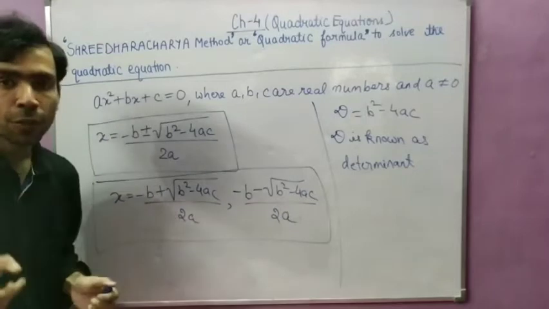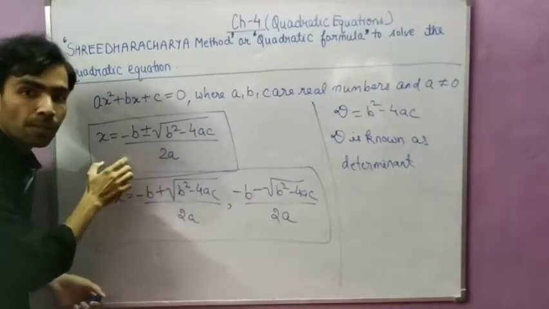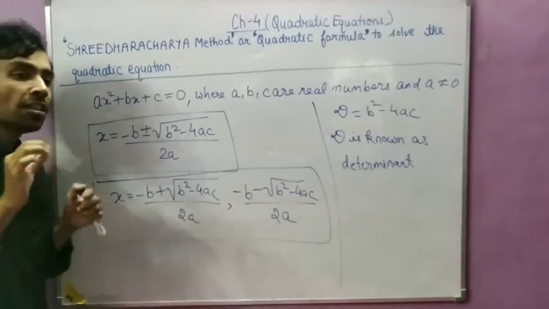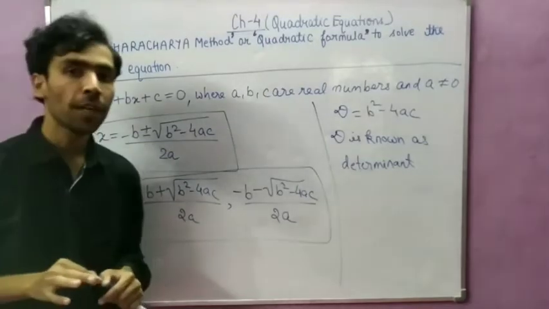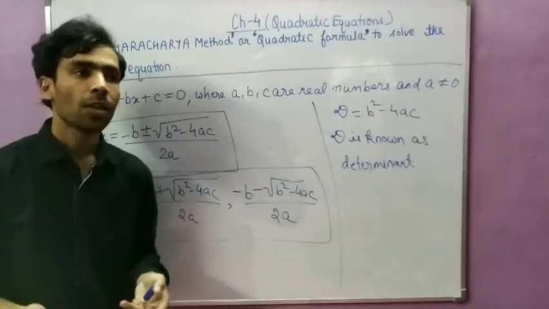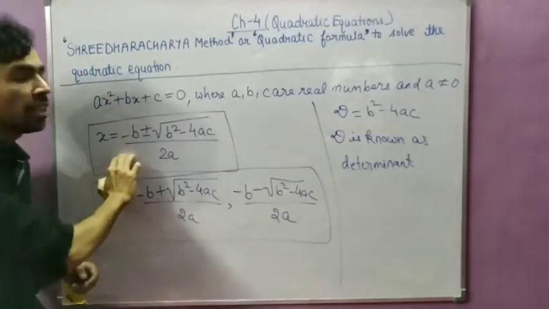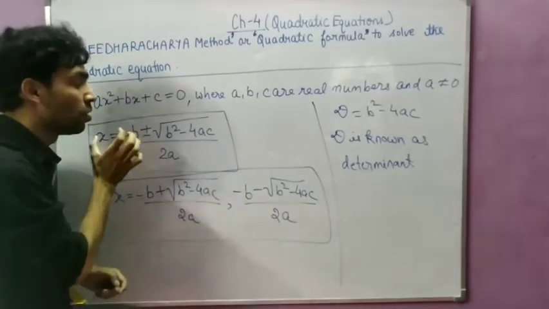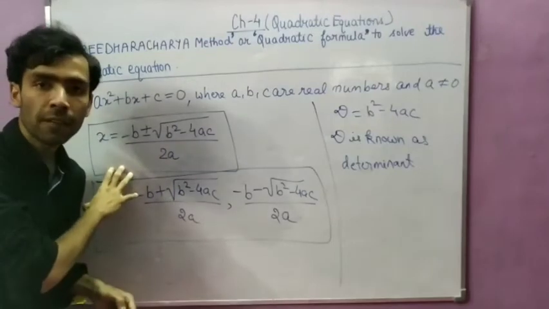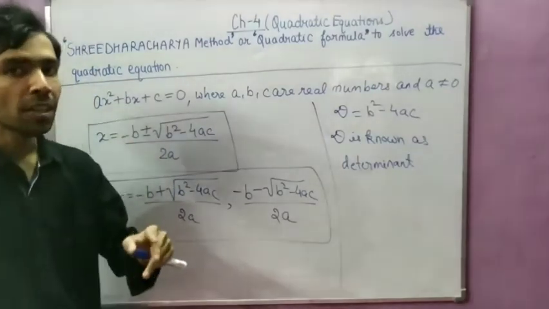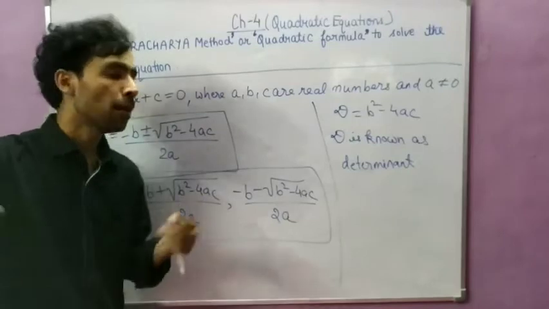This is the homework for you. You will prove this formula. How this formula comes is your assignment also. Whatever assignment you get, in the internal assessment this will be included. So you have to do this proof by yourself, because I have told you the method. Just go through the method and prove it.